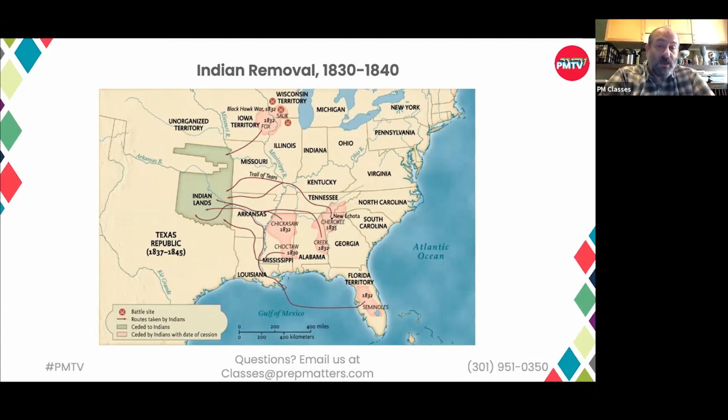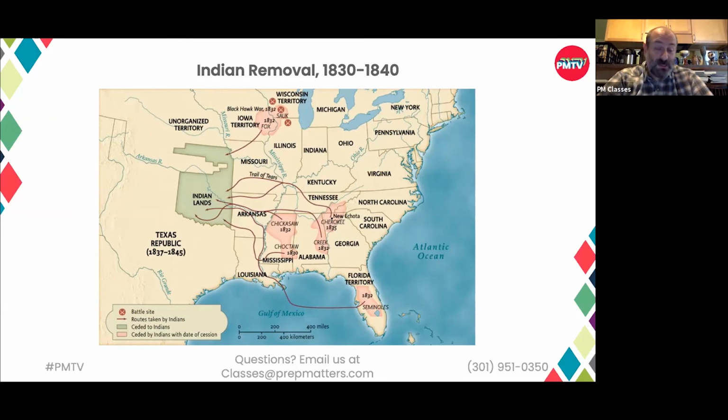At the time, Jackson and then Van Buren put off Texas's call to join the United States because they want to avoid the controversies that would certainly erupt from adding another slaveholding state to the Union. But in 1845, Congress declares Texas to be part of the United States, setting the US and Mexico on the road to conflict.